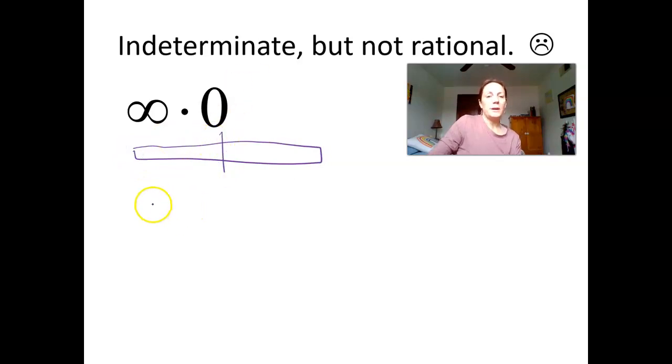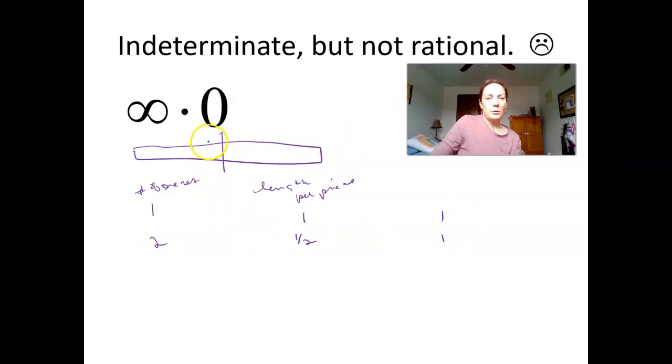So you started with 1 piece, and it had a length of 1, for a total length of 1 unit. Now we've cut it in half, so I have 2 pieces that each have a length of 1/2, but I still have a total length of 1.